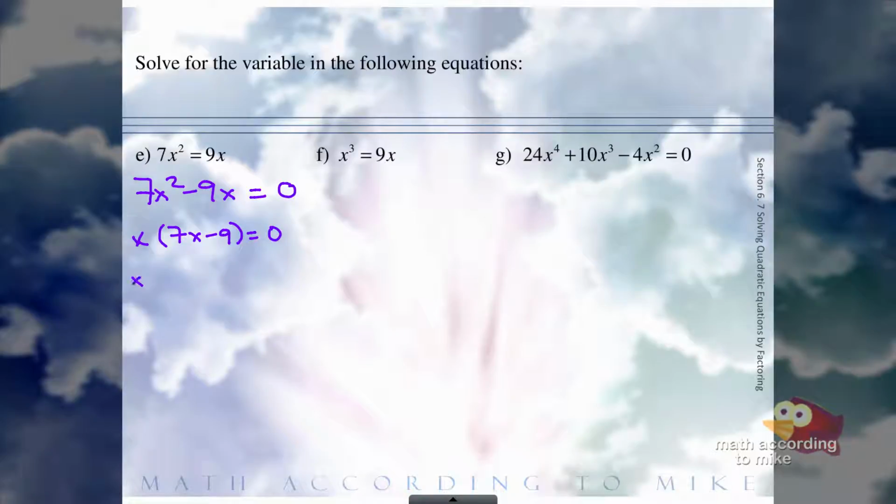Setting each factor to 0, we would get x to be 0. And the other one comes from 7x minus 9 equaling 0. So if we added 9 and divided by 7, we would get 9/7. So we have two solutions, 0 and 9/7.